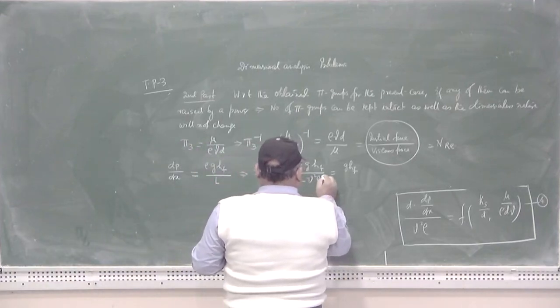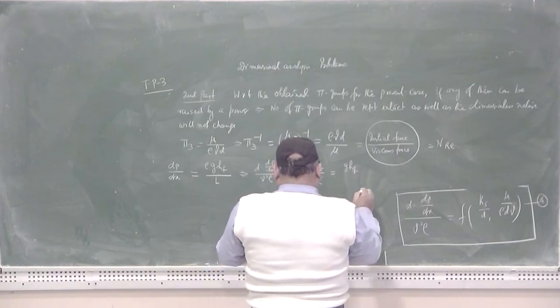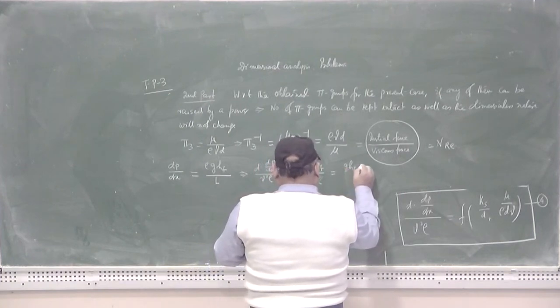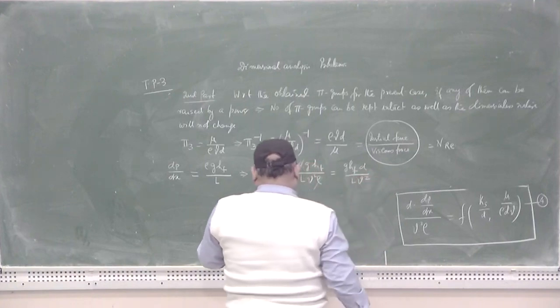So this rho will get cancelled out. So g hf d divided by L v square.